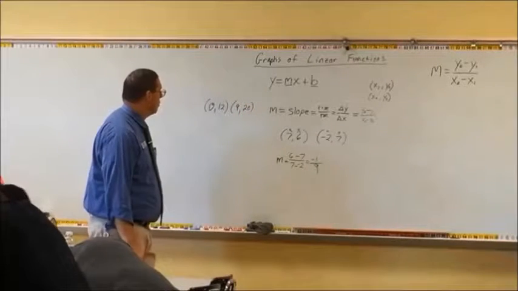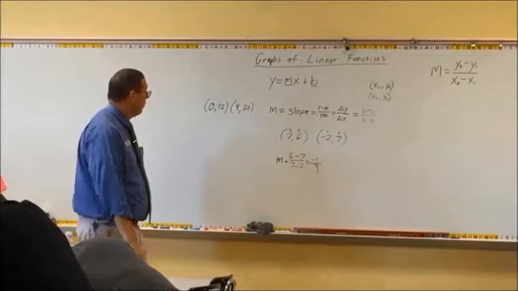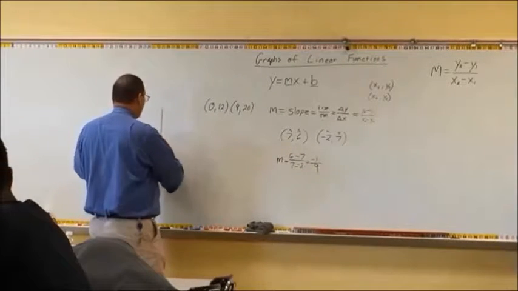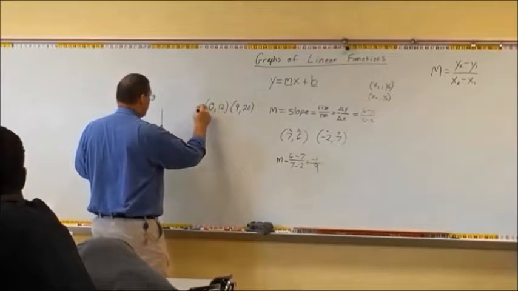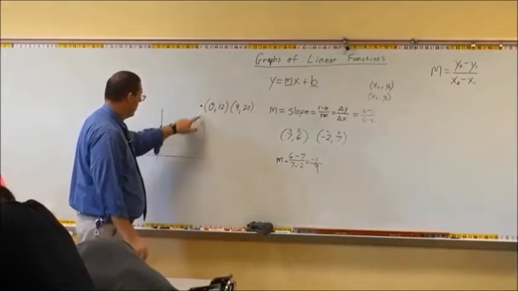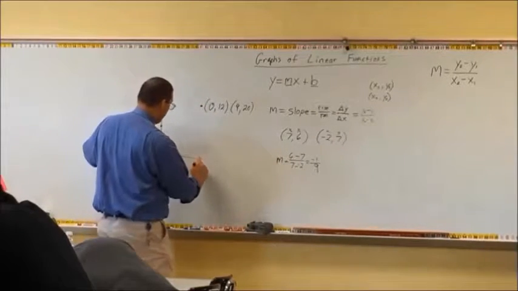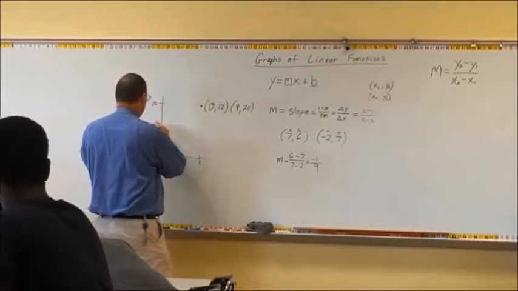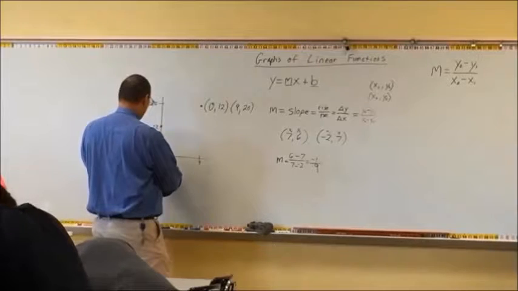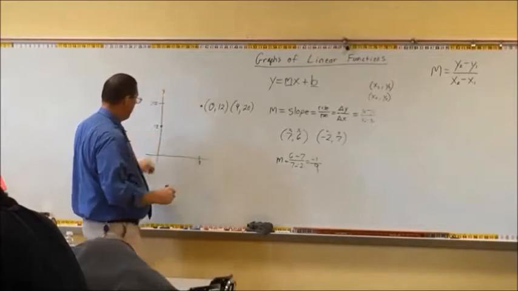If you were to graph 0, 12 and 9, 20, 0, 12 is about here, 9, 20 is probably right about there, and then of course the y-axis is 0, right?